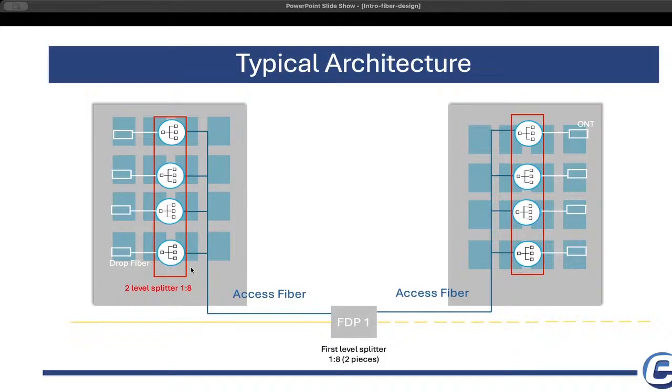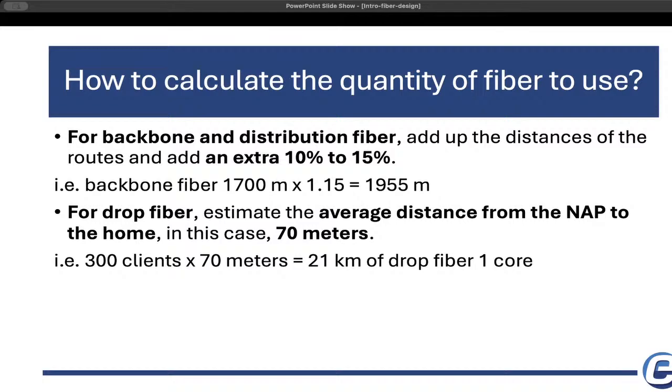So on each floor you do your second level splitting, and then at the end you go to your ONT or your ONU, or as I showed you here, this little rosette box where you can place your fiber, and then you can use a patch cord to connect to your ONU. It's one of those passive components of a fiber network.